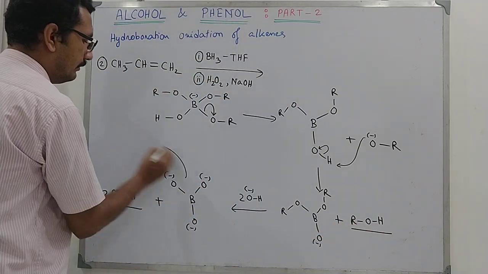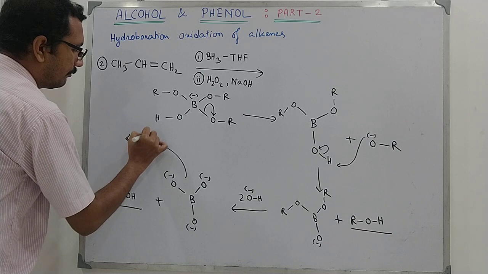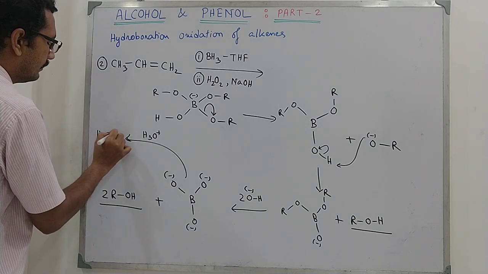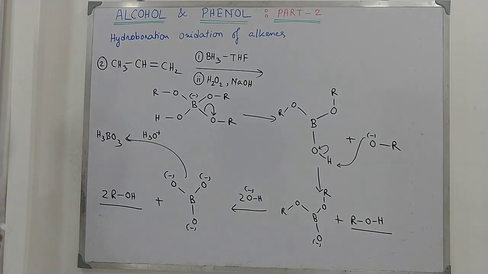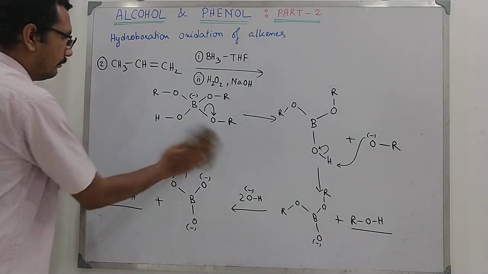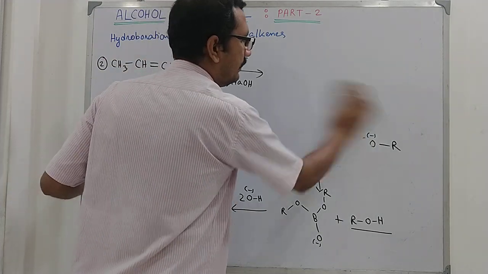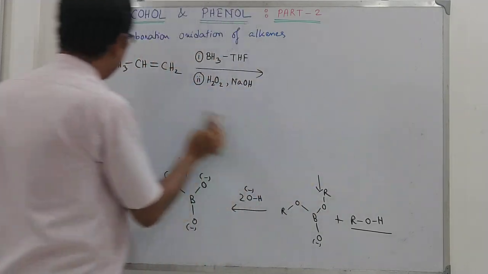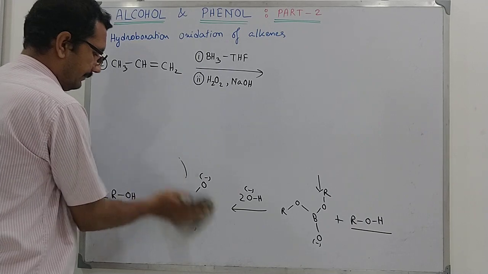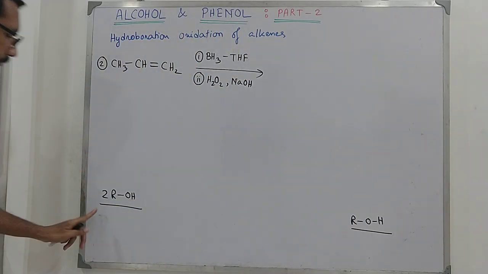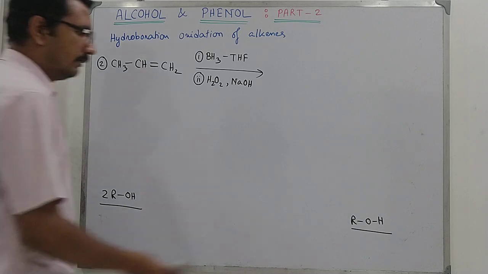Now this, upon workup, will give boric acid H3BO3. So we have in total 3 moles of alcohol from 3 moles of propene. See, we have 3 moles of alcohol.